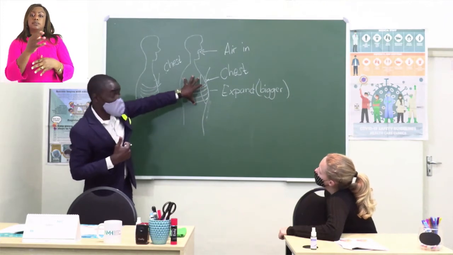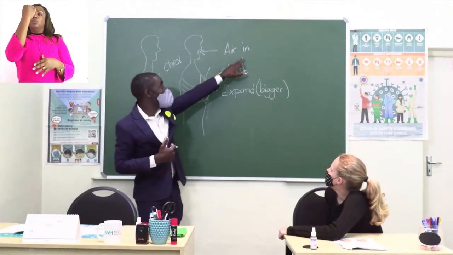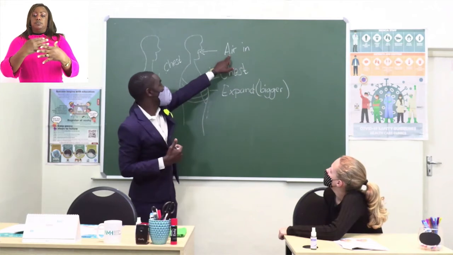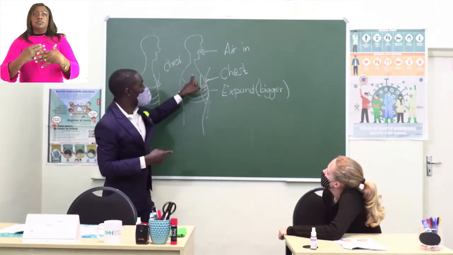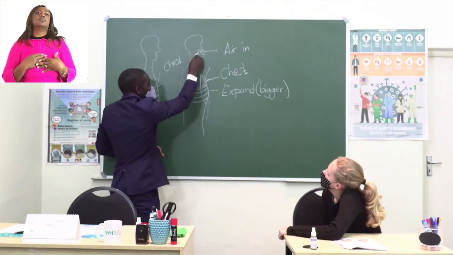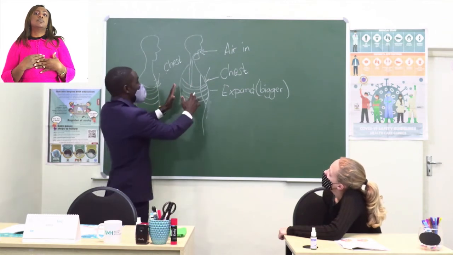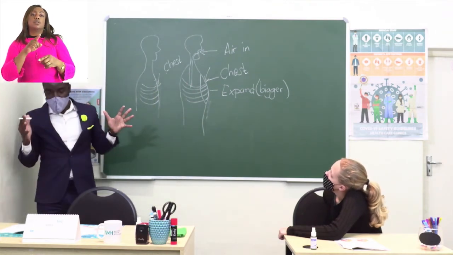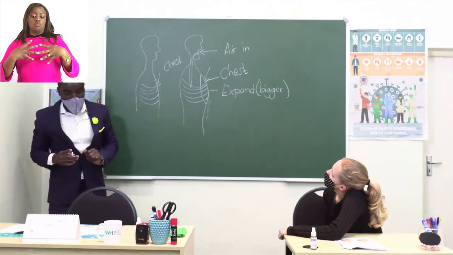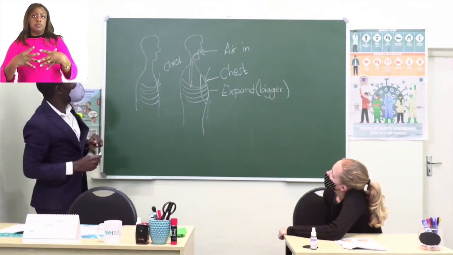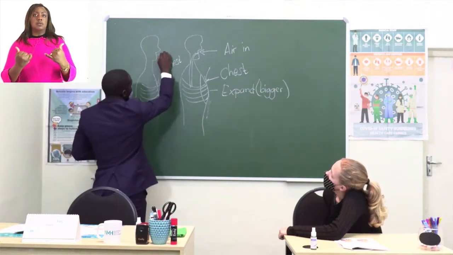The expansion which is needed here is to accommodate the air which is coming from the environment and goes into our body. So when the air comes here, now it will settle in our chest, making sure that the space is enough.